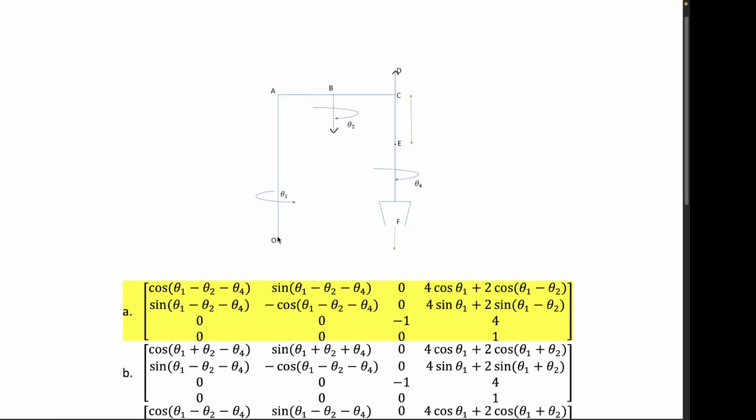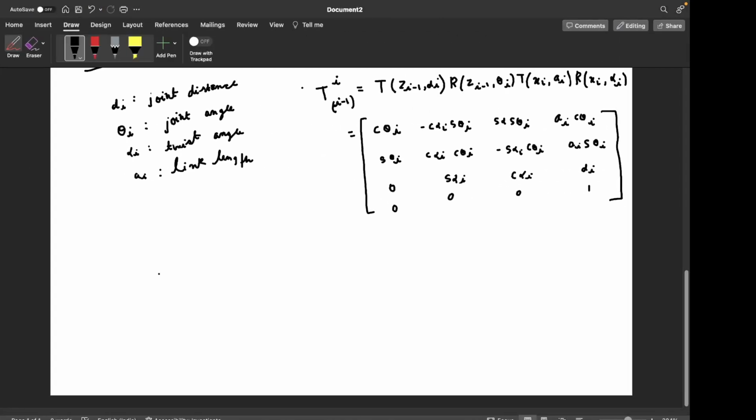So basically this O is the fixed part and F is the end effector, right? Here theta 1 is one revolute joint, again theta 2 rotates about this, so second revolute joint, and theta 4 is the third revolute joint. So let me start the table.